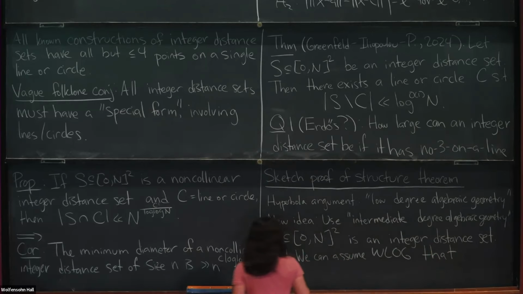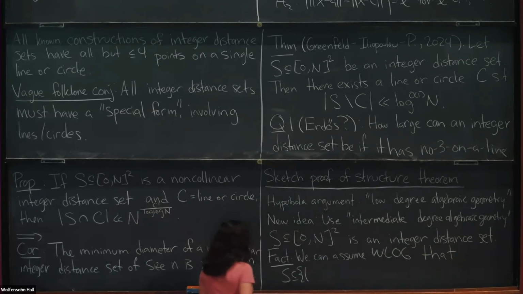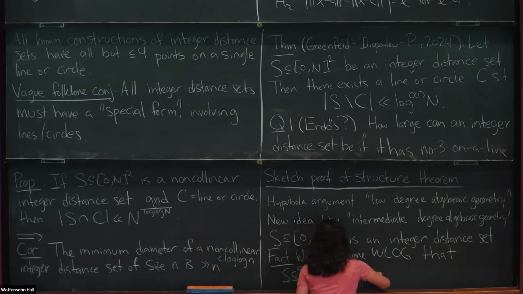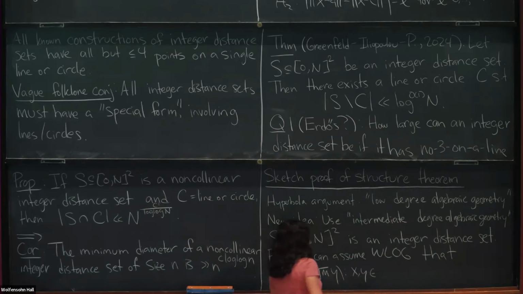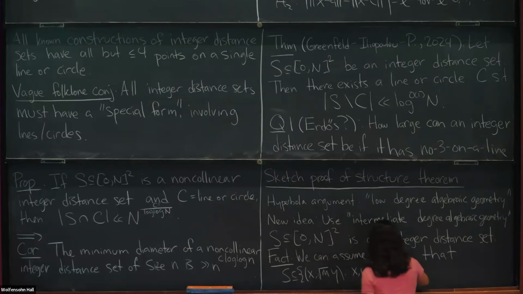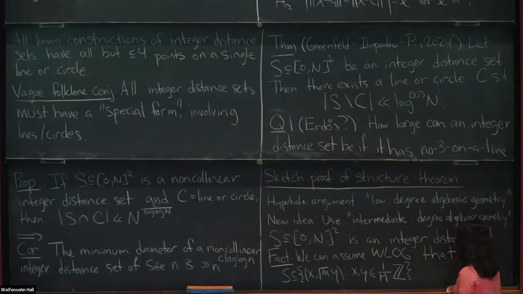So we may assume that S is contained in a set of points of the form (x, square root of M times y), where x and y are rationals whose denominator divides some capital M. It's not super important for the sketch, but M is just some square free integer.